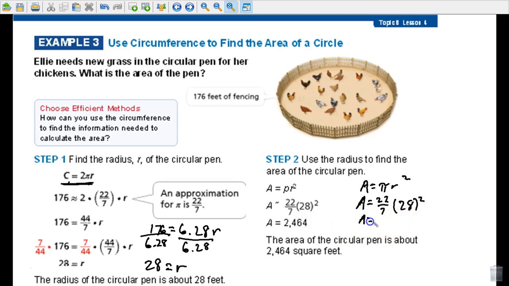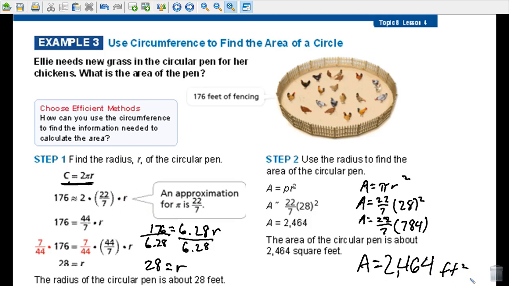So A equals 22 over 7 times 784. And then A equals 2,464 when you multiply these two. So what you would do is 22 divided by 7 and then times 784. And bada bing, bada boom, you're right there. And it's feet squared.